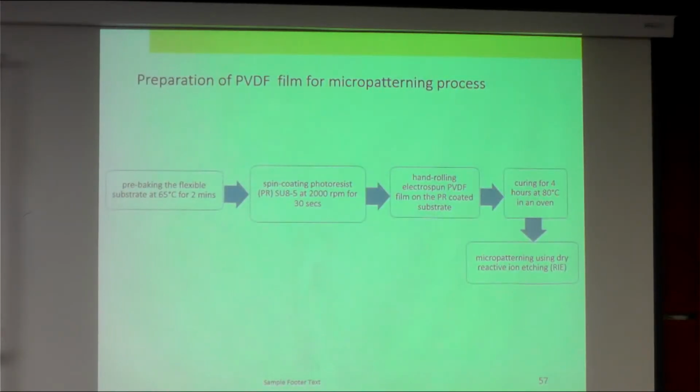So the preparation of this material: pre-baking the flexible substrate at 65 degrees Celsius for 2 minutes, then spin coating of a photoresist SU8. This is quite a high viscosity photoresist, at 2000 RPM. Then handling and rolling the electrospun PVDF film onto the photoresist coated substrate, curing for 4 hours at 80 degrees Celsius in an oven, and micro patterning using RIE.